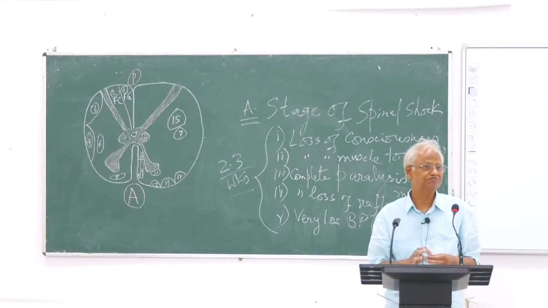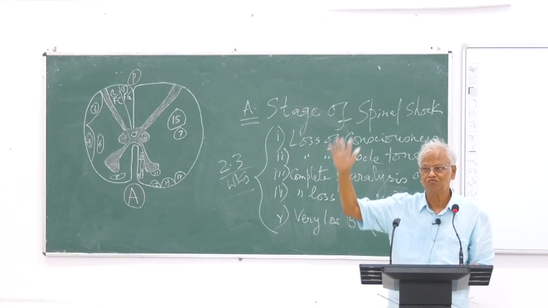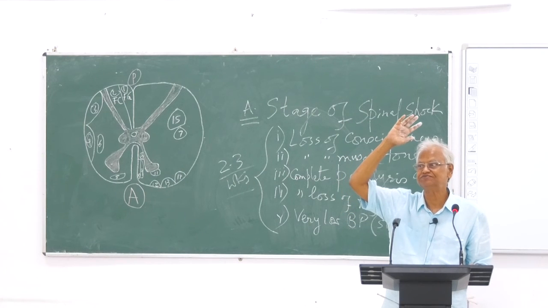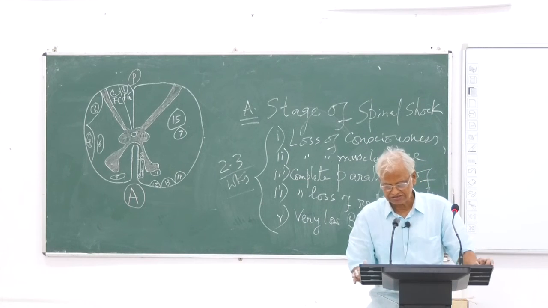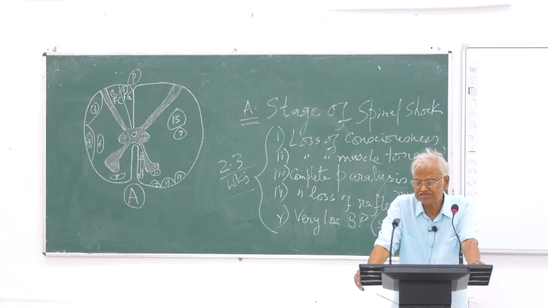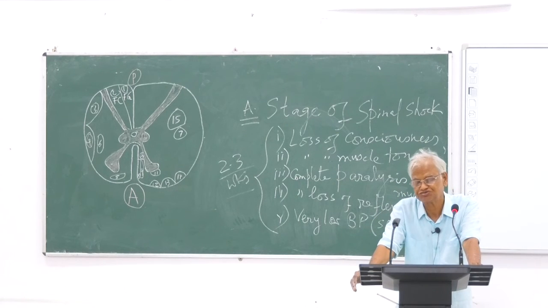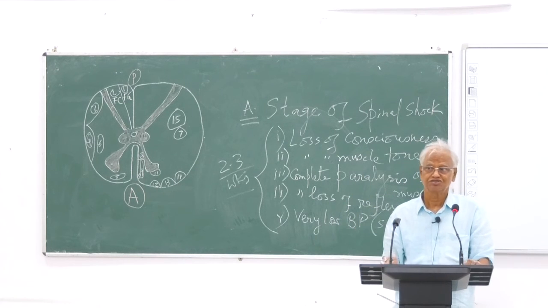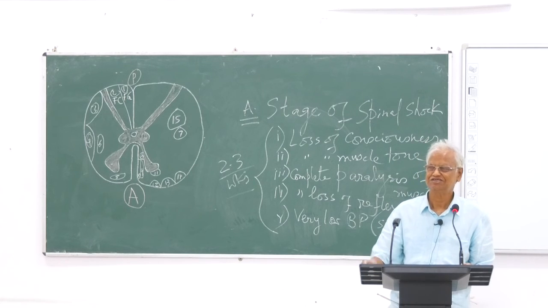And what is the cause of this stage? The causes are, number one is loss of all descending motor impulses coming from above, from the different nucleus of the brain. All the stimulating impulses, motor impulses coming through the descending tracts, they are lost. Because they are lost, in between the spinal cord, the injury is here.